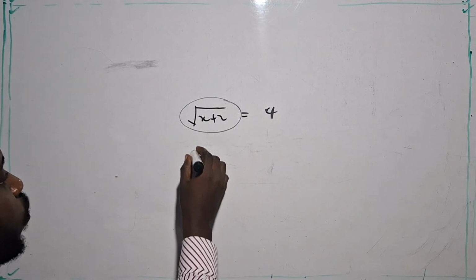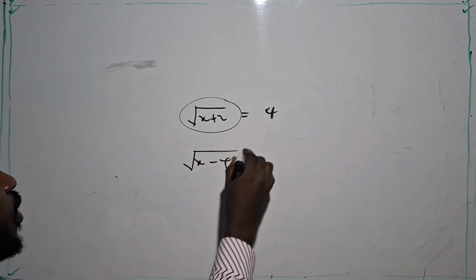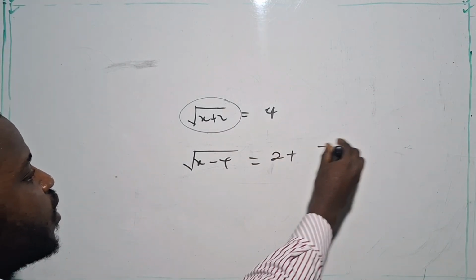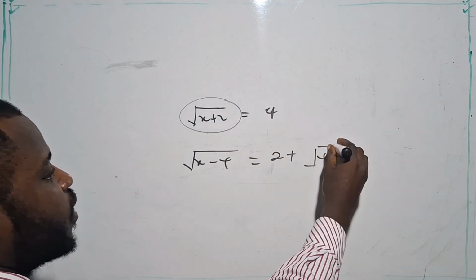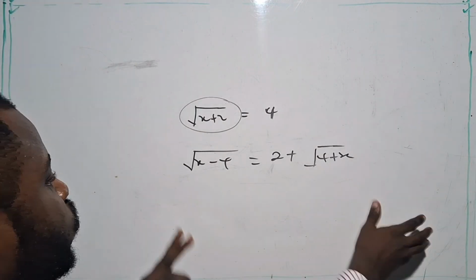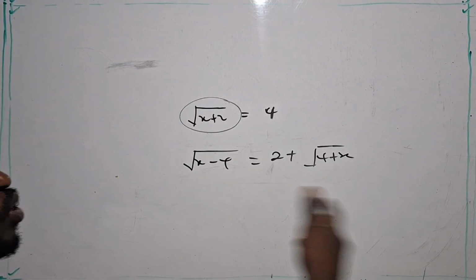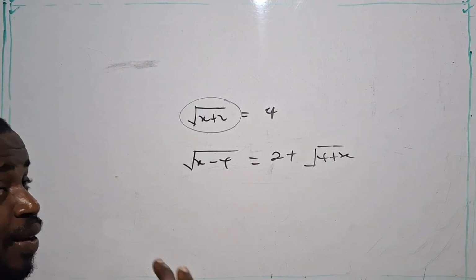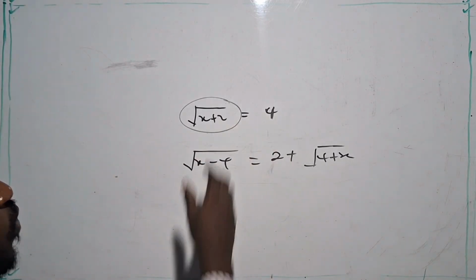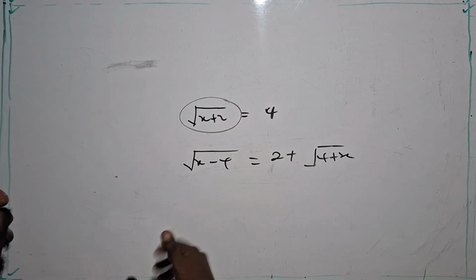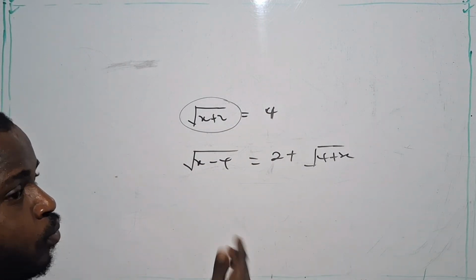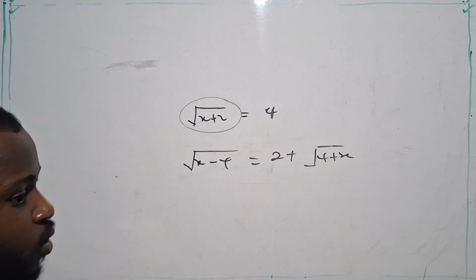With type 2, you are going to see expressions like 2 plus the square root of 4 plus x. So you are going to see the square root on both sides, and you are going to simplify it. And there's a little thing that makes type 2 different from type 1, for which we are going to use the binomial expansion to express them, then we solve.